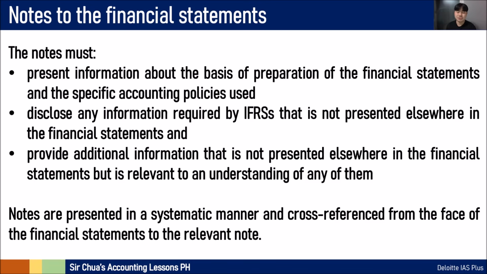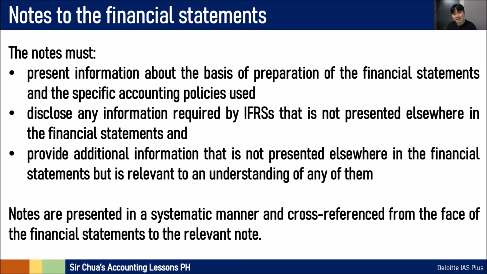Paano po yun? So, pag sinabing cross-reference, ganito. Sa face of the financial statements, kunyari nakalagay, cash and cash equivalents. Tapos nakalagay, note 7. So, ibig sabihin, para makita ko yung detalye ng cash and cash equivalents, pupunta ako ng note 7. Pag pumunta ako ng note 7, dapat nakalagay sa note 7, cash and cash equivalents.